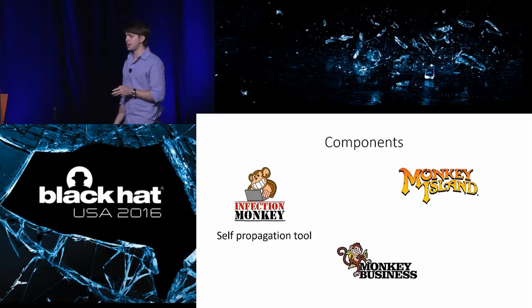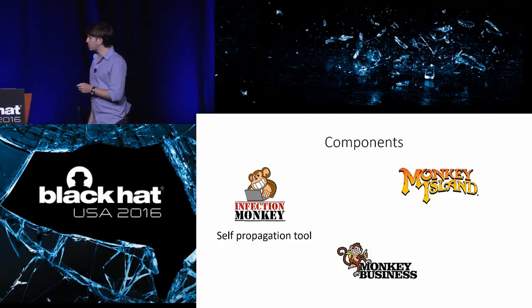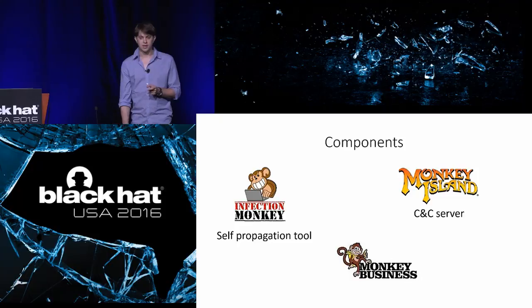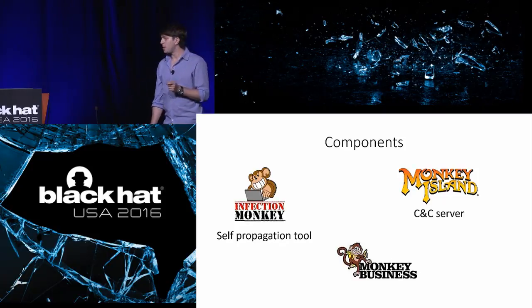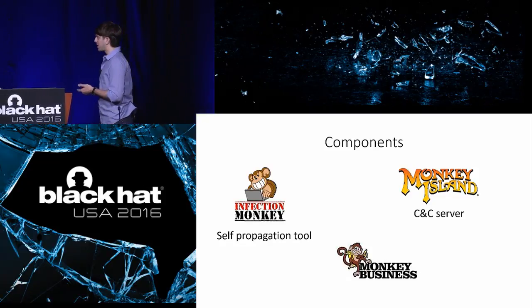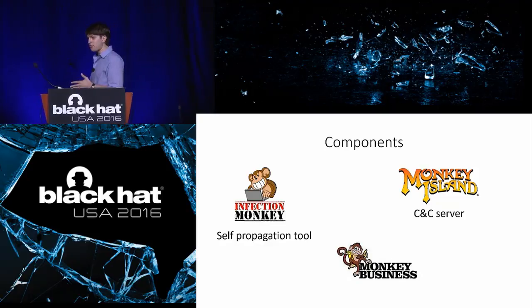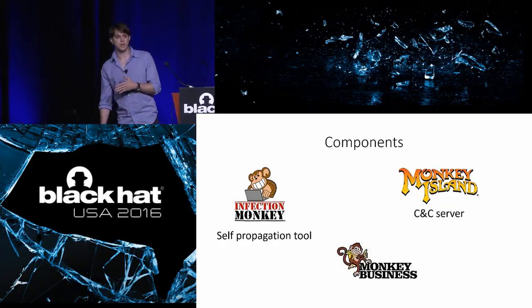First, we have the infection monkey, a self-propagating lightweight tool. Next, we have the monkey island, a CNC server, which allows us to control the monkey and watch its progress across the network, visually on a graph or with detailed information sent to the island.